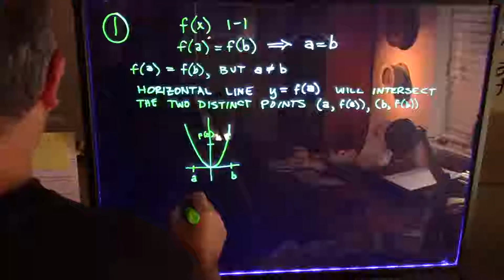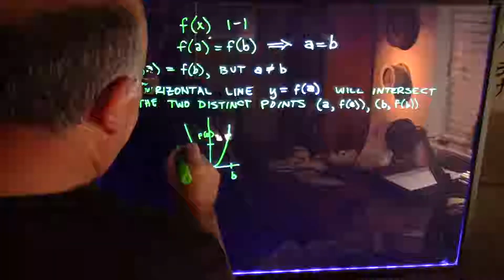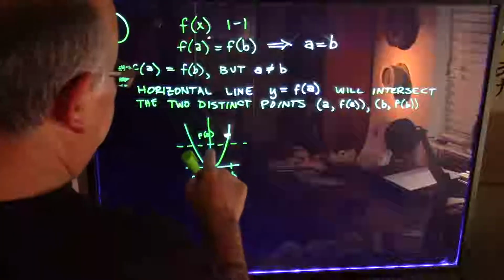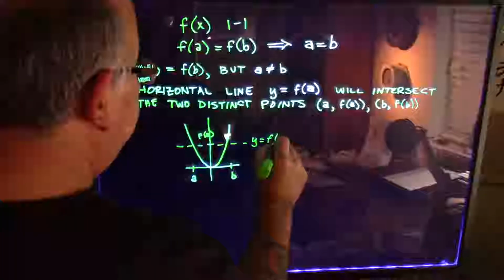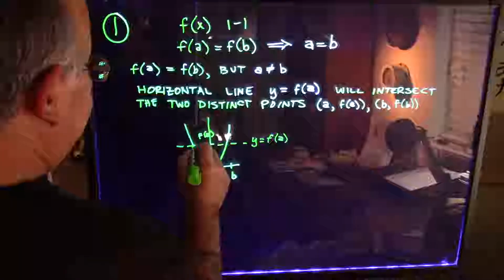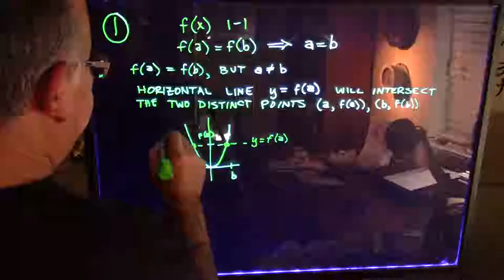So if you draw a horizontal line, y equals f of a, it would look like this. It would go through there. These 2 points here are distinct.